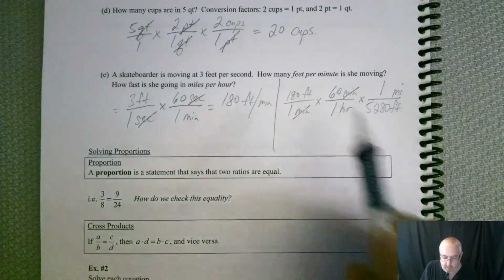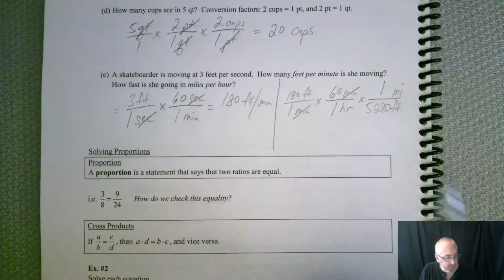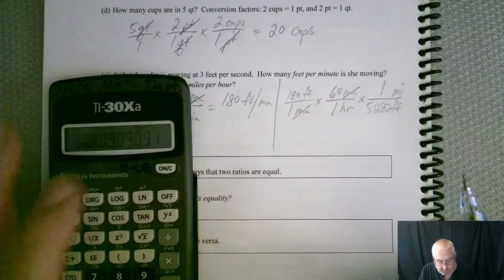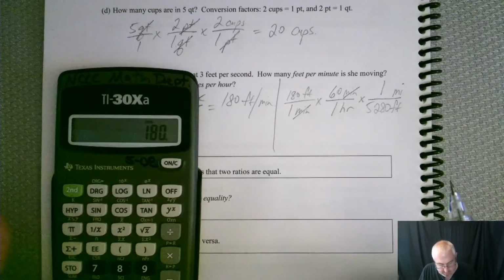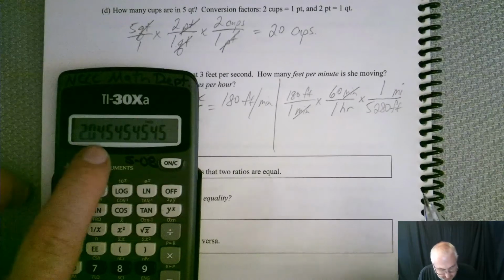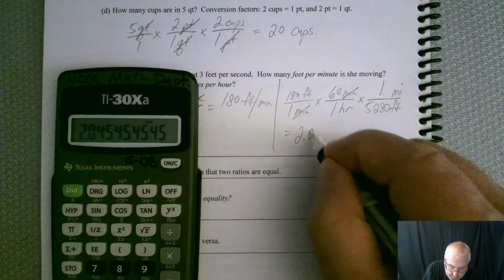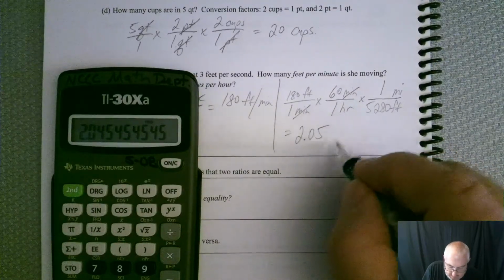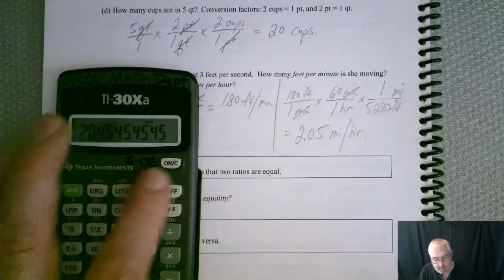So we're going to have to multiply these two numbers together, but then divide by this one. So let's see what that gives us. 180 times 60, divided by 5280 equals 2.04545. So I'm going to round it to 2 miles per hour.